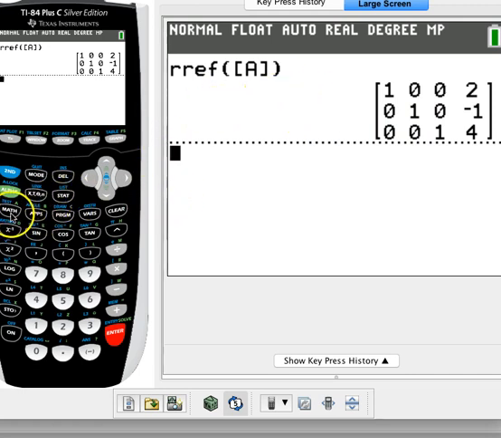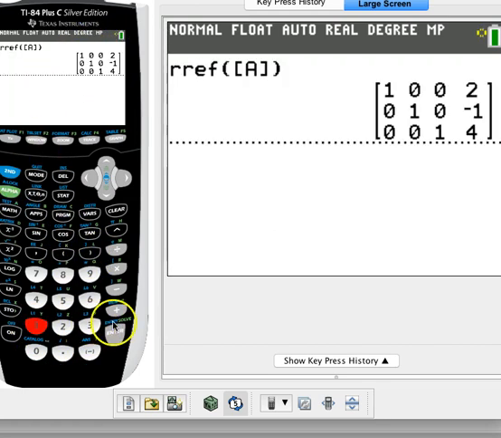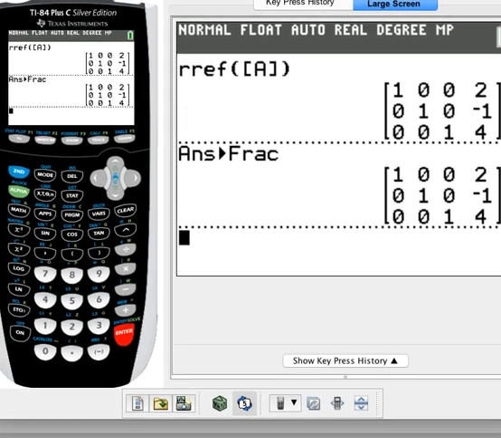You just do what you would do with any number. When the matrix you have is your last answer, you just do math choice 1, convert to fraction. Now obviously these ones are already fractions, but it'll take the entire matrix for you and convert everything to fraction form. So that's a really good tip as well.